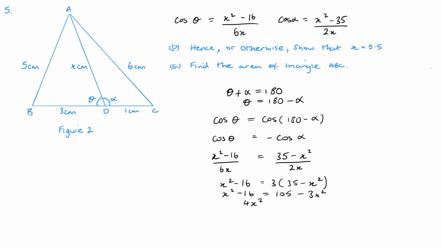So 4x squared equals 121. x squared would be 121 over 4. And if you square root it, obviously plus or minus, but it is a length, so we just want the positive. So that would be 11 over 2, which is 5.5 as we required.